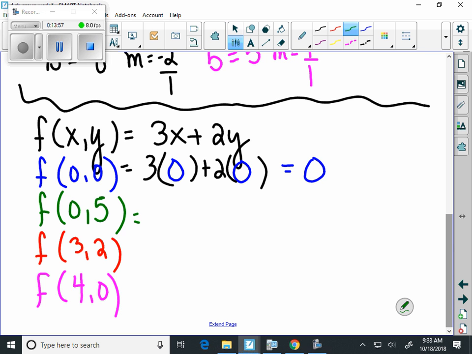Our second ordered pair, we're going to put 0 back in for x and 5 back in for y. This is telling us that we're going to make no corn muffins, but we are going to make some bran muffins. And 2 times 5 is 10.